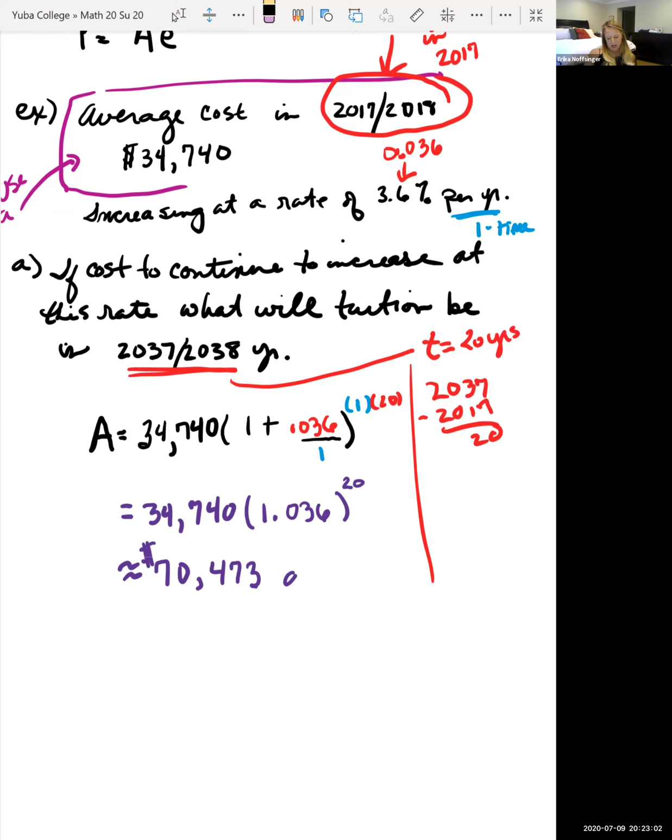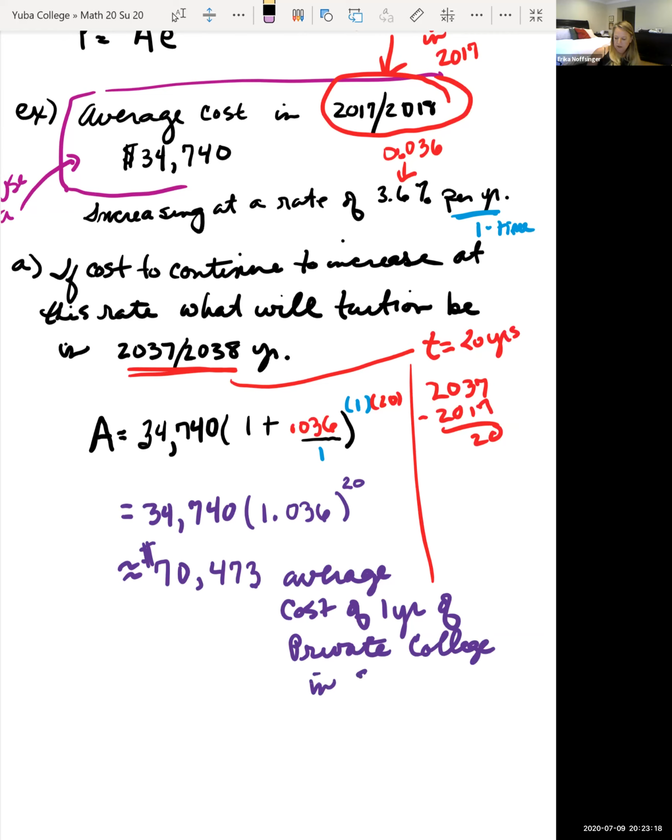Okay, so this is our average cost of 1 year of private college in the 2037-38 school year, if things continue to increase at about that rate.